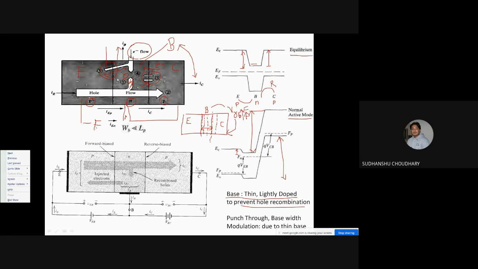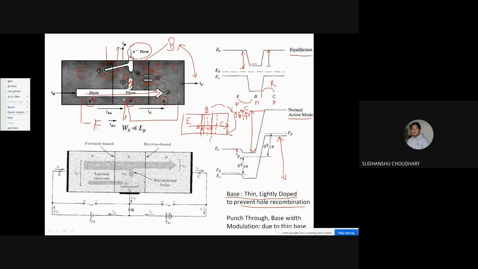If the depletion region exists in the entire base, then the holes which were coming from the emitter will directly reach the collector, because you don't have any semiconductor in between. You have a high electric field region because of the depletion region, so these holes will directly reach the collector.